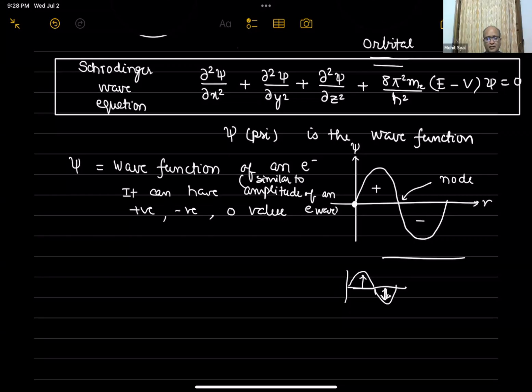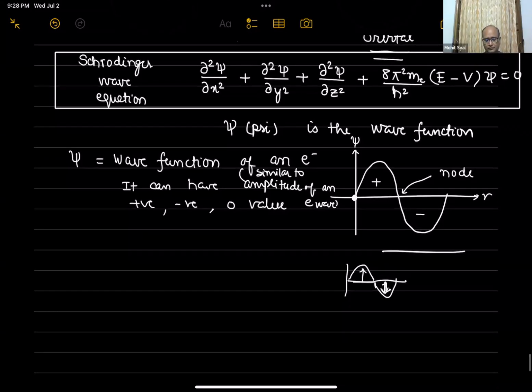Actually, the Davisson and Germer experiment was performed, in which an electron beam was targeted on a nickel crystal. Just like when you put light on a crystal, it diffracts and refracts. Suppose you take a diamond-like crystal and shine a torchlight on it, what happens in the room?